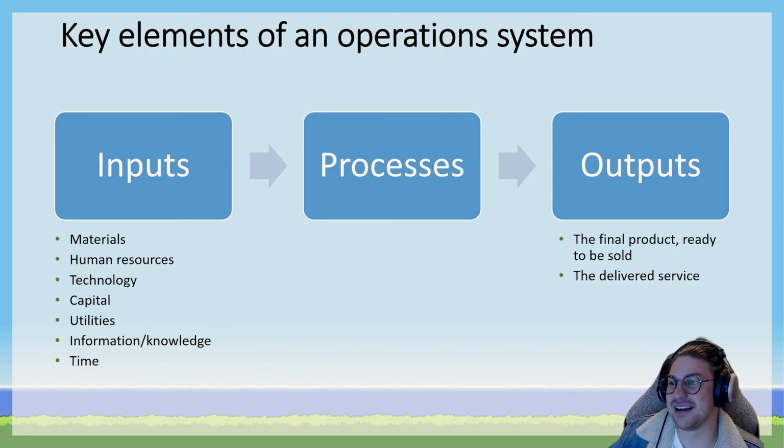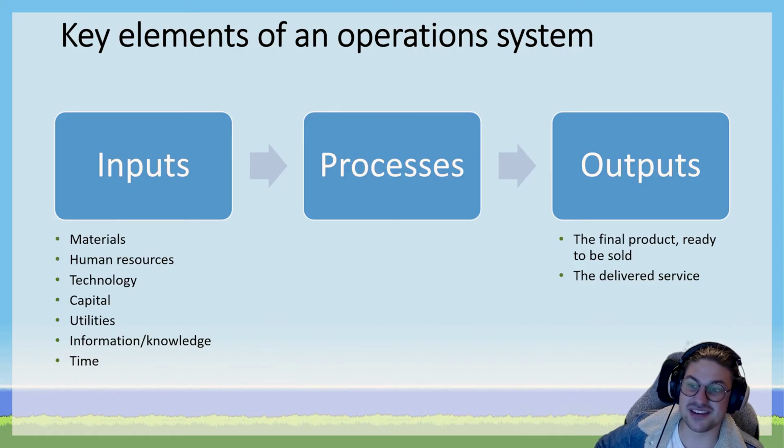If we're talking about a shoe manufacturing business like Nike, the inputs might include leather and laces and dyes and rubber and soles. The processes would be all of the systems involved in assembling the shoes, putting them in boxes and shipping them out to stores. And the outputs would be shoes, brand new shoes in boxes ready to be sold to the customer.